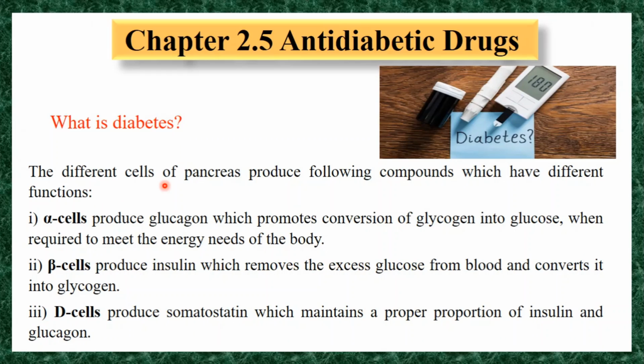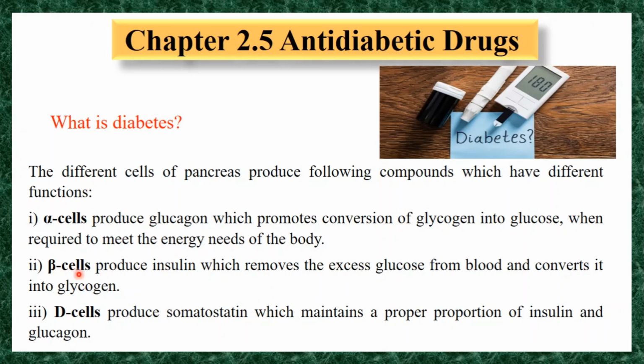So your pancreas has different cells, and they produce the following compounds which have different functions. The alpha cell produces glucagon, which promotes the conversion of glycogen into glucose, required to meet the energy needs of the body.